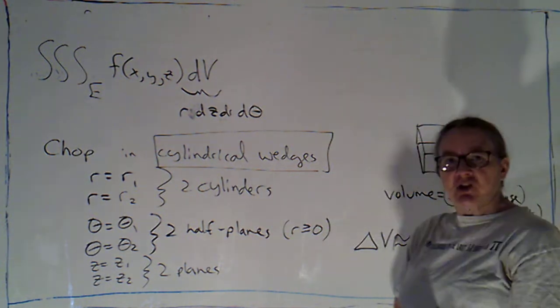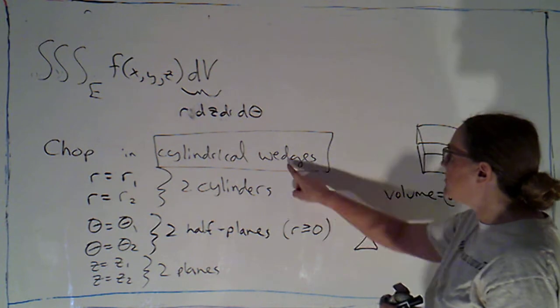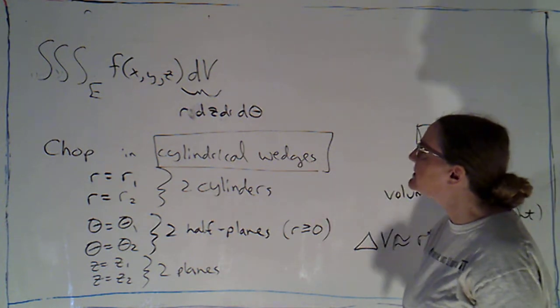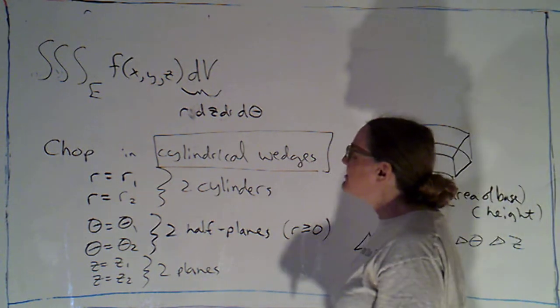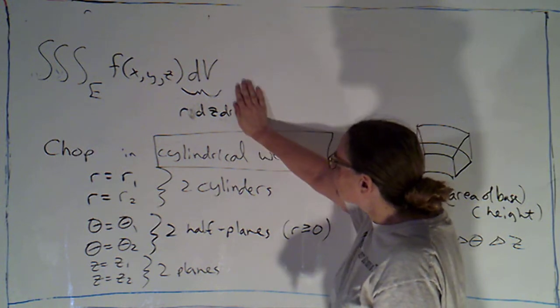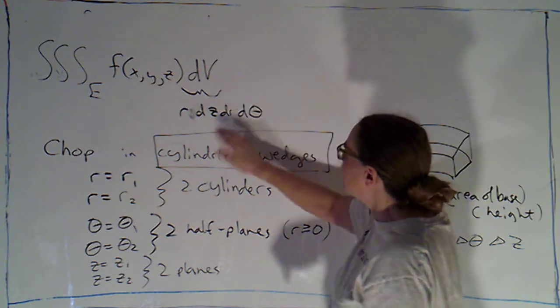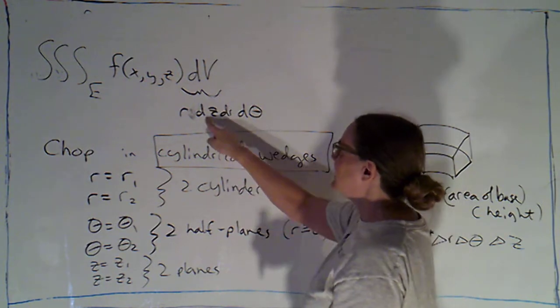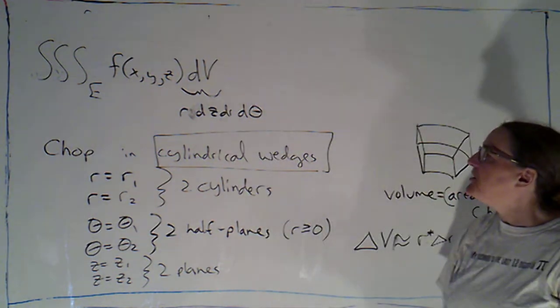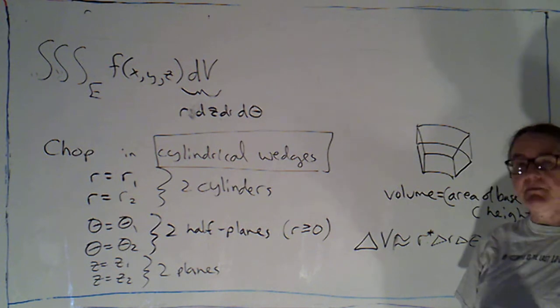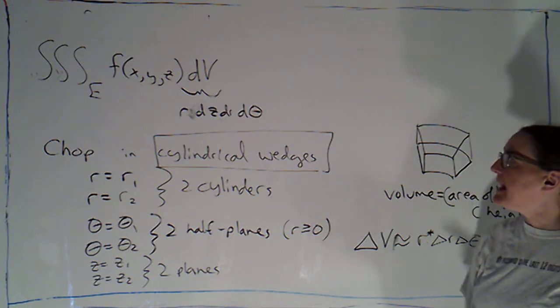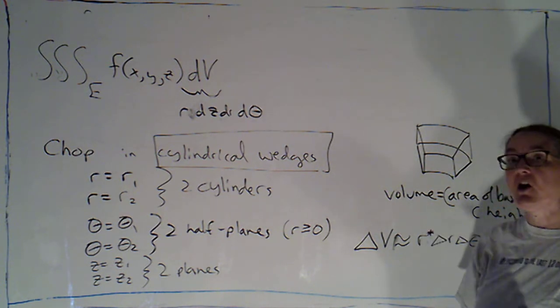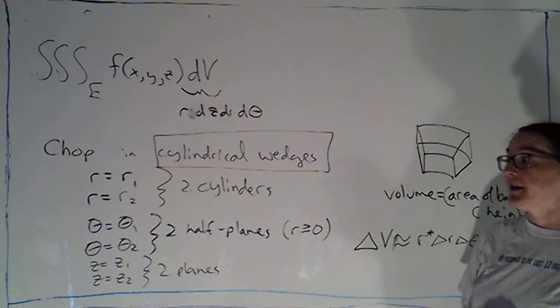That shouldn't come as a big surprise, because essentially using cylindrical coordinates is equivalent to using polar coordinates. So there's my dA, and then there's my dz. Just like when we integrate in polar coordinates, we're going to be getting an extra factor of r when we set up our integrals.